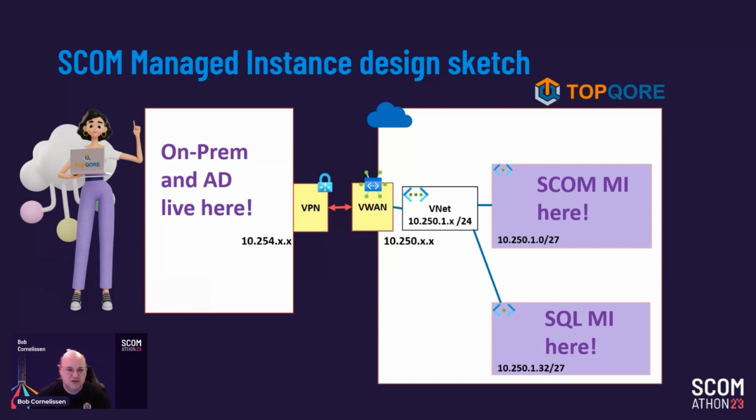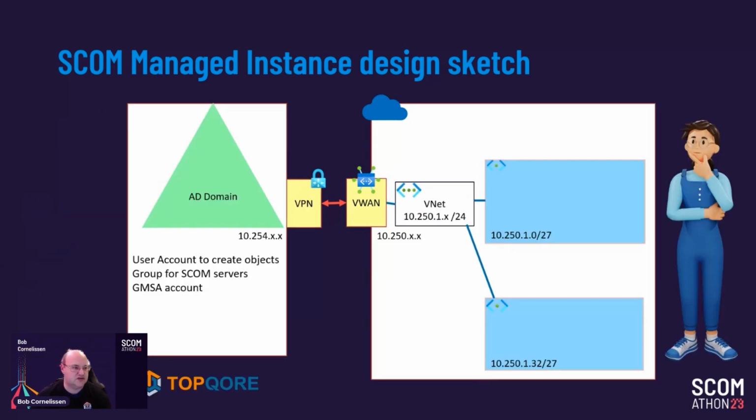So let's now move towards the left-hand side of the story, the on-prem Active Directory domain. We have an existing Active Directory domain. What do we need? First of all, we need to create a user account in order to create objects in the Active Directory domain. For example, we are going to deploy a new management server.